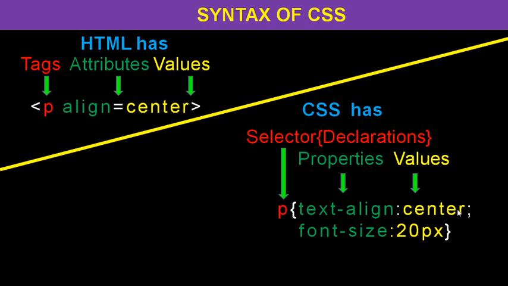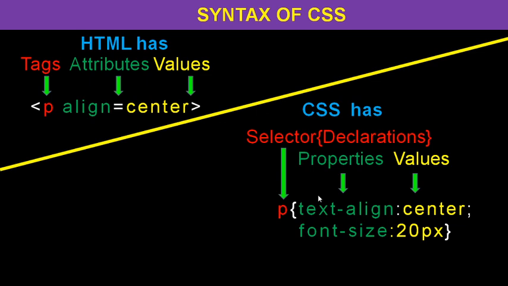Since we want to add one more property, we have used a semicolon. So after one property, put one semicolon and add the next property, colon sign and its value.